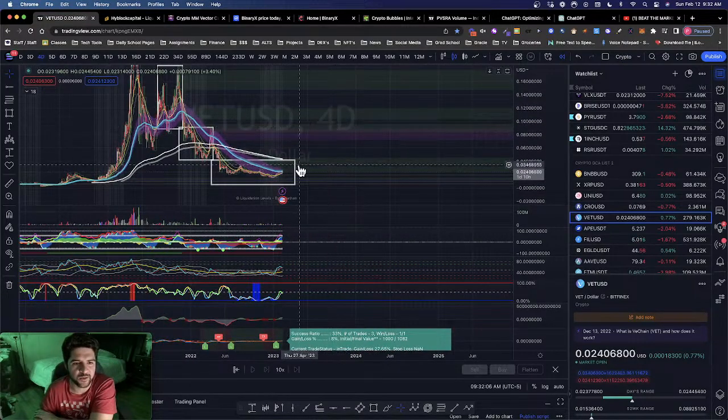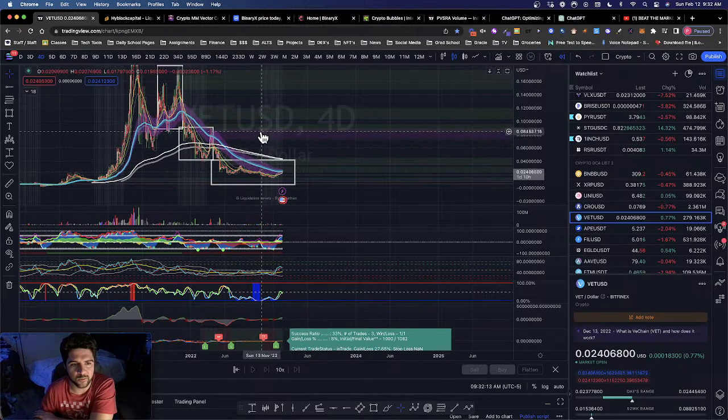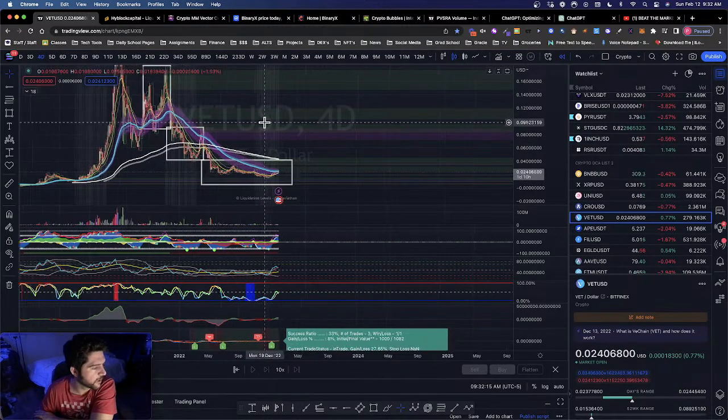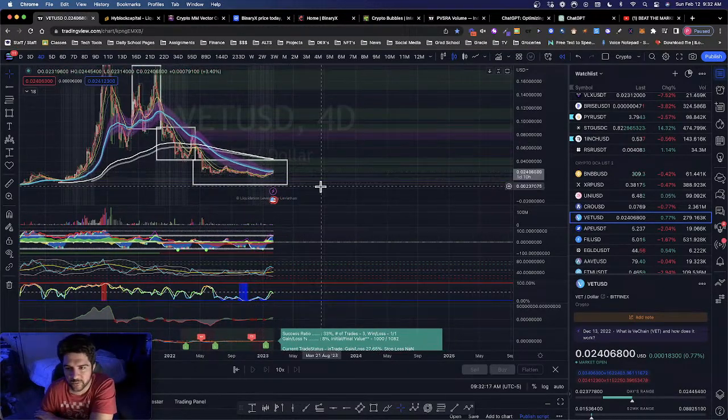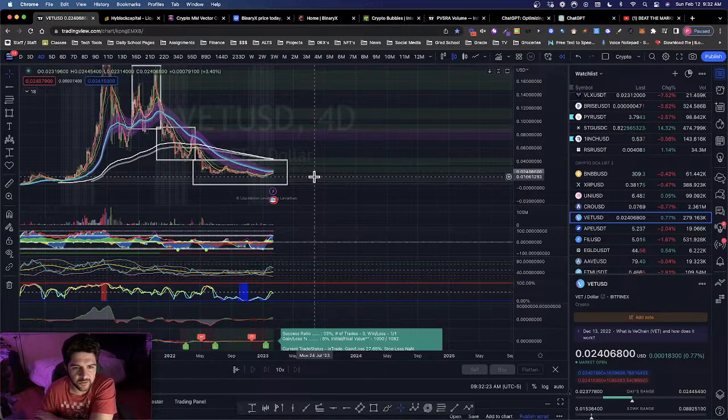If VET wants to find value, it's going to try to find it in the previous level at level 2. That would be where it wants to find value. Oh, okay, 1.6. So you're in from like right here. Wow, that's great.